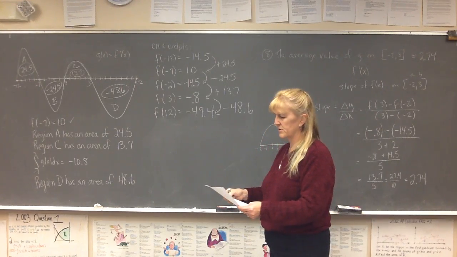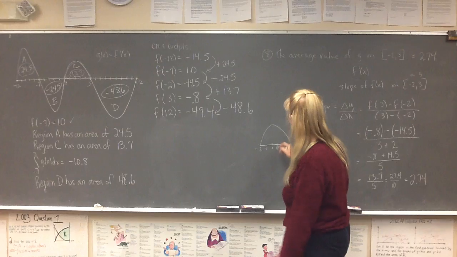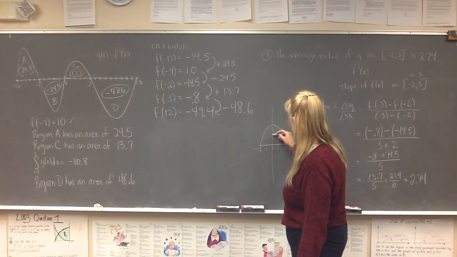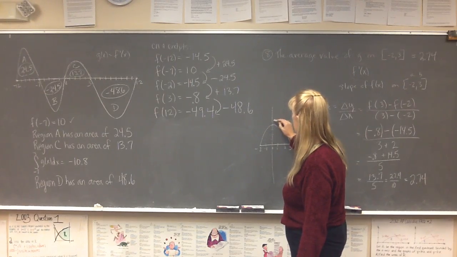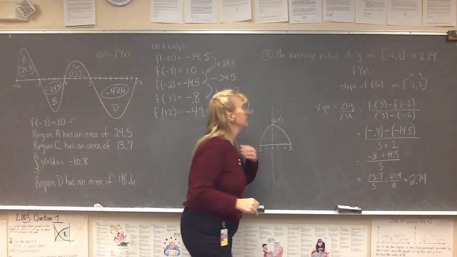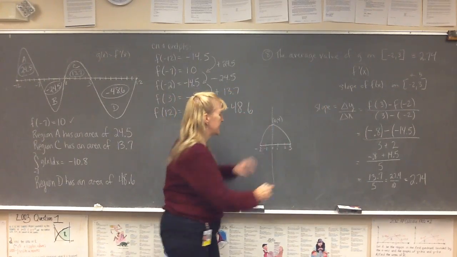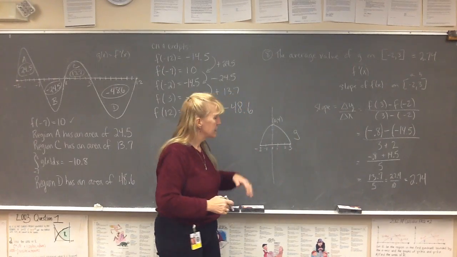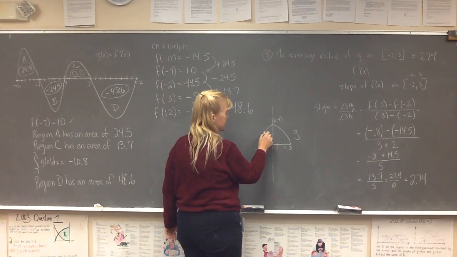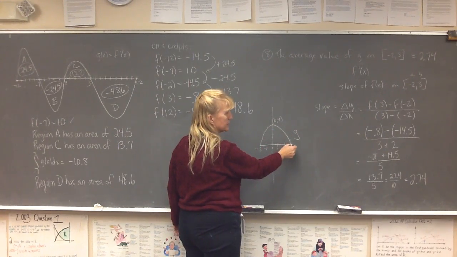I'm not quite sure how high it goes. Let me see the original question. Looks like it's going up to about 4. So on the original graph, this is what it looks like. And it looks like the graph goes up to about 4 right here, so that this is the point 0, 4. Okay, so the average value of g, and this is g, is the average height on g as you go around.